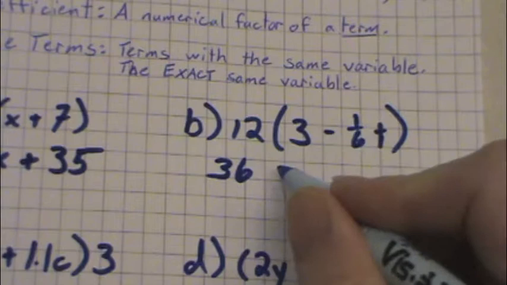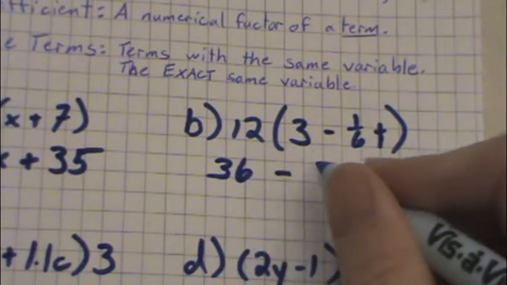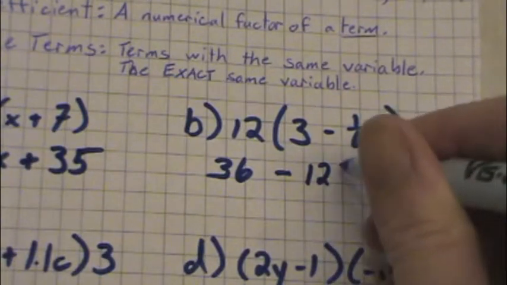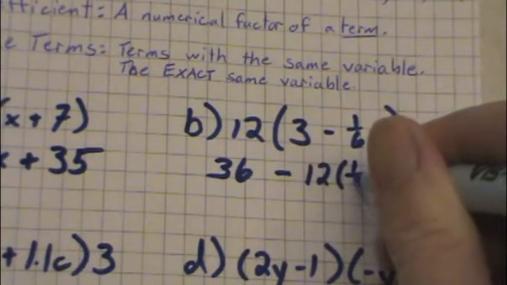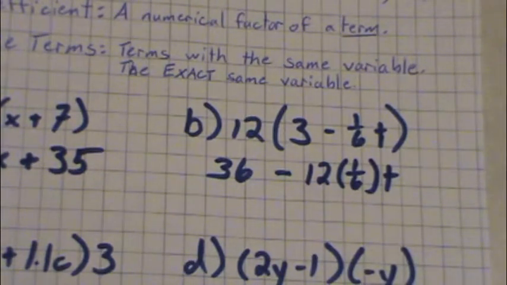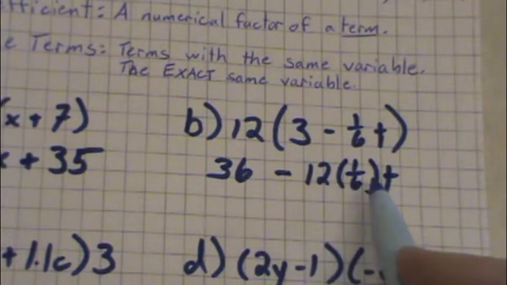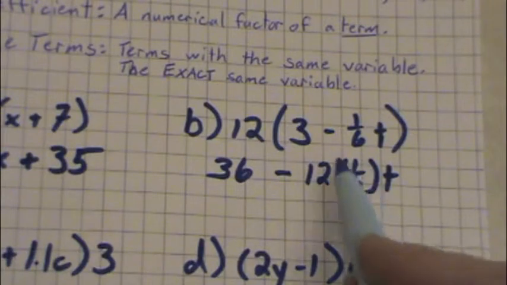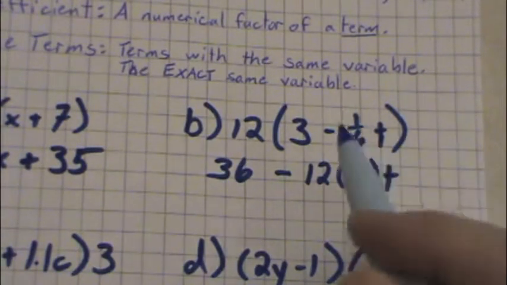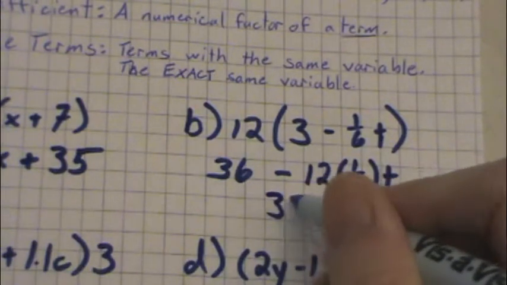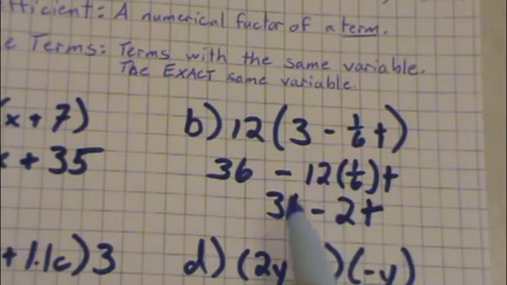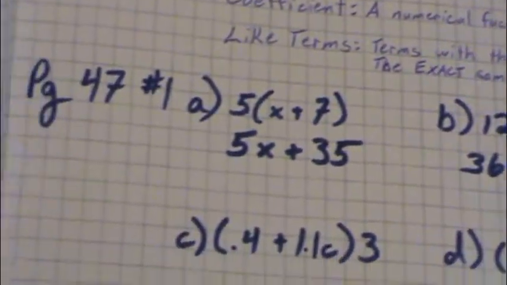This is negative, so it's going to be minus, I'll do this in a couple steps, 12 times 1/6 times t. 12 times 1/6 is the same as 12 over 6, which is the same as, that's right, 2. So 36 minus 2t. That's as much as you can simplify that one.